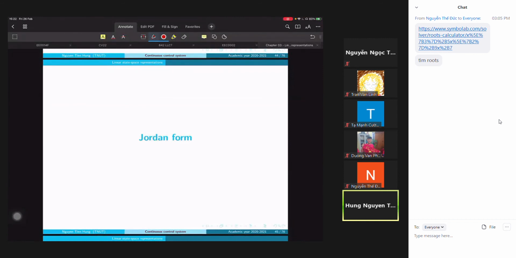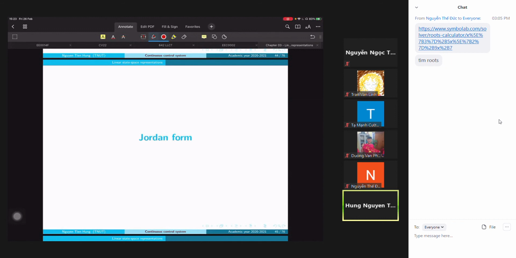So we'll move to the next form, the last form, which looks similar to the diagonal form. But in the diagonal form, we assume that all the roots of the denominator are distinct.